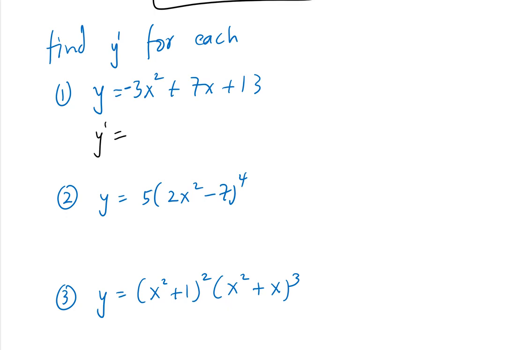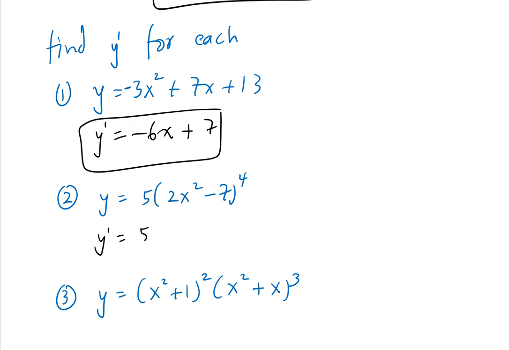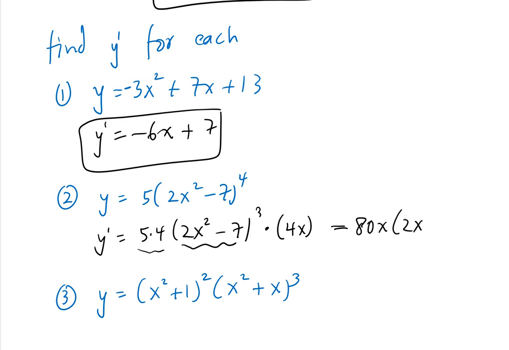Y prime is negative 6x plus 7. Y prime: keep the 5 out, bring the 4 down, (2x squared minus 7) to the third, times the derivative of the inside by the chain rule, which is 4x. So that's 20 times 4, 80x times (2x squared minus 7) to the third power.